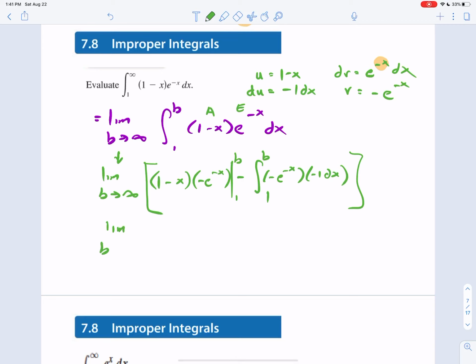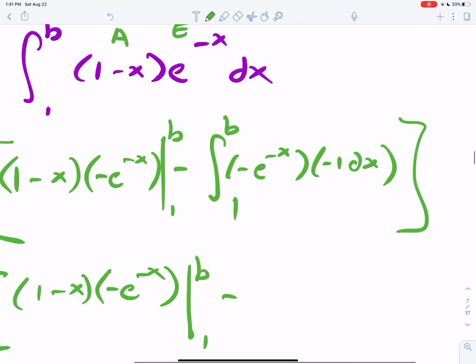Now we have the limit as b goes to infinity. We have 1 minus x, negative e to negative x, evaluated from 1 to b, minus... Now, if you notice, these two negatives on the inside will turn into a positive, so we'll just get rid of that. And really, you're just left with the integral of e to the negative x dx from 1 to b.